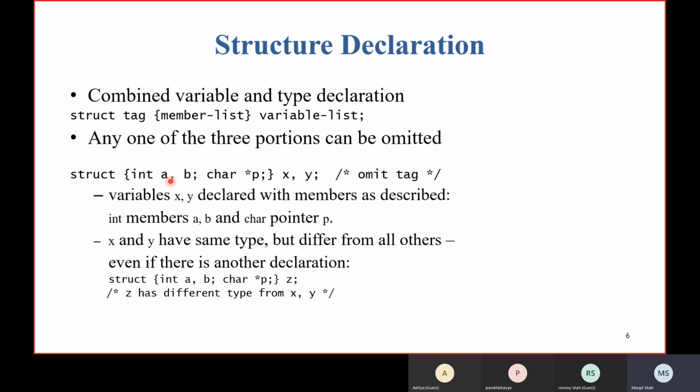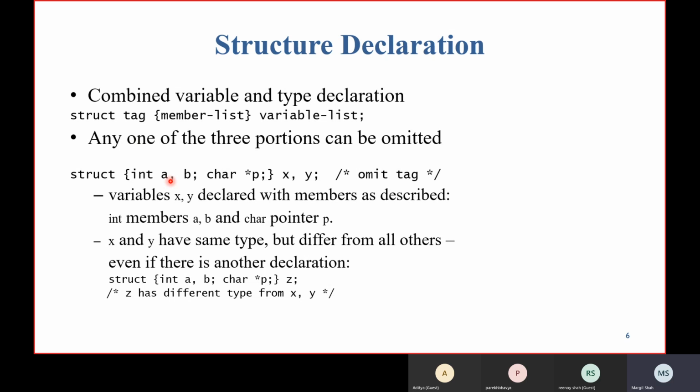Another member of the structure is character star P, that is a pointer to character. So that is the third member of the structure. X and Y are the variable list of the structure.